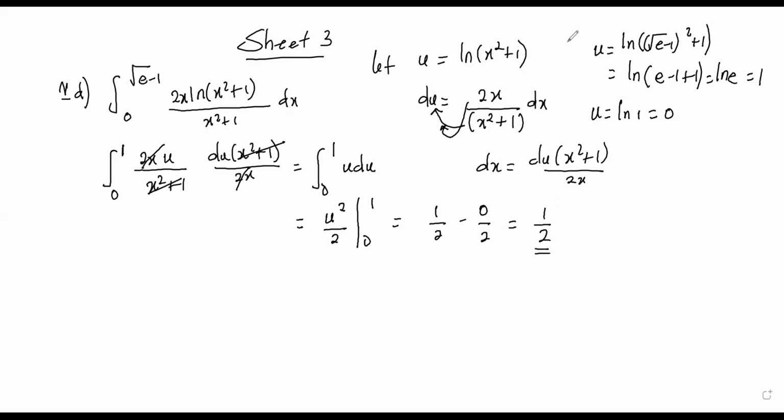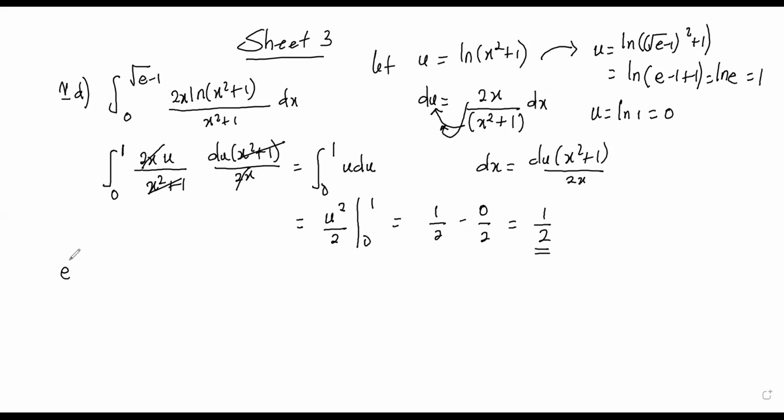We moved from x to u completely, so there's no need of going back to x. There are times when we would go back to x, that is, if we have left the limits the way they are. But since we changed the limits, we're no longer moving from 0 to root e minus 1, but from 0 to 1, because we had to evaluate the u at the limit points of the x variable. I hope that's fine.